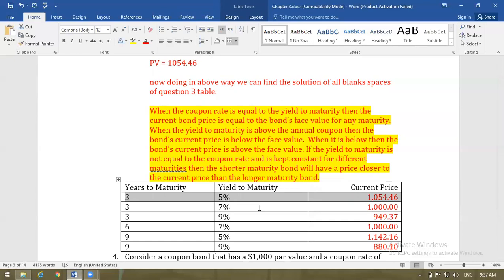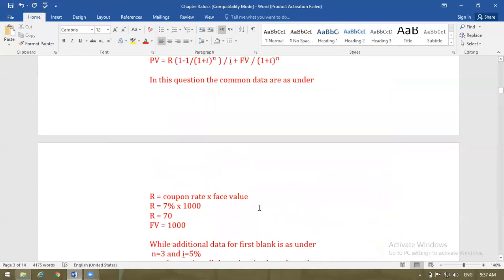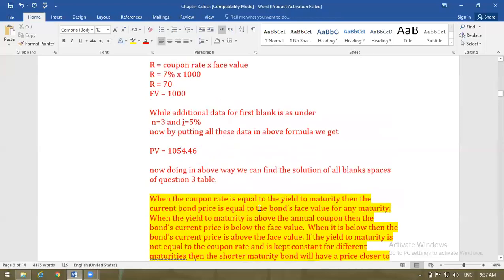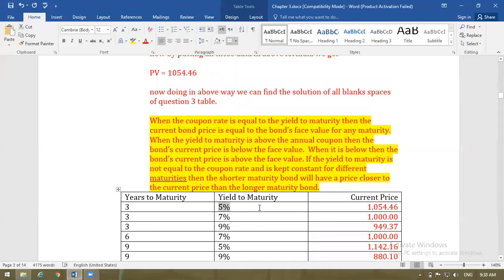Coupon payment 70 and future value 1000, and the additional information is number of years 3 and interest rate 5%. By using these four pieces of information in this coupon bond formula, we can easily find the value 1054.46 for this first blank. Similarly, you can easily find all the others.